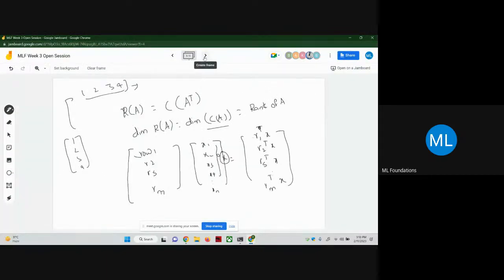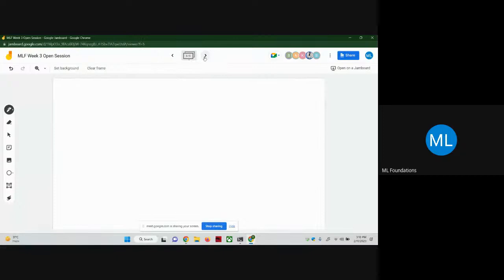If you remember previously, when you have one vector A and another vector B, and you project, you drop a perpendicular component.